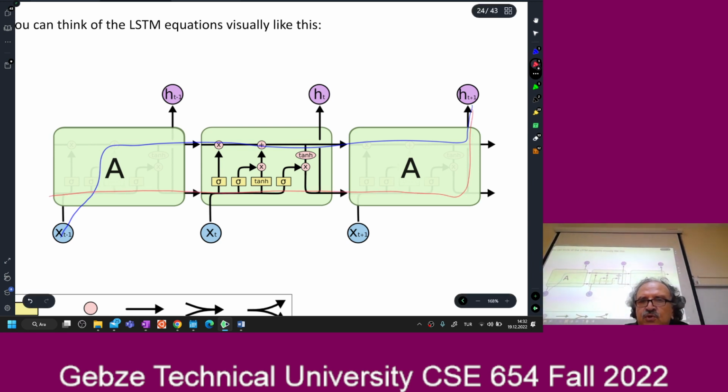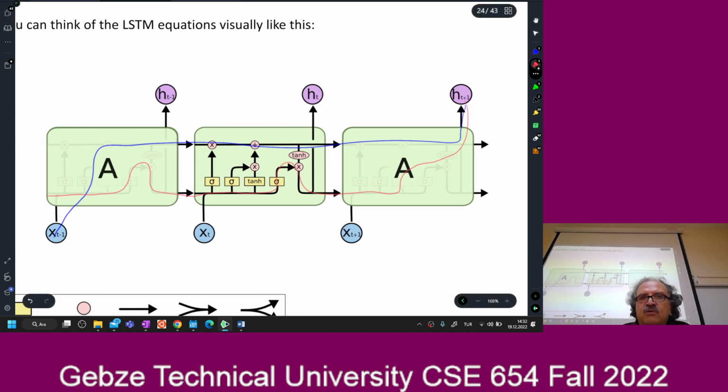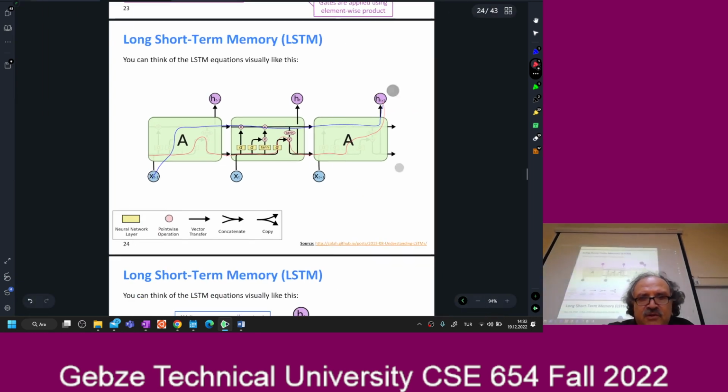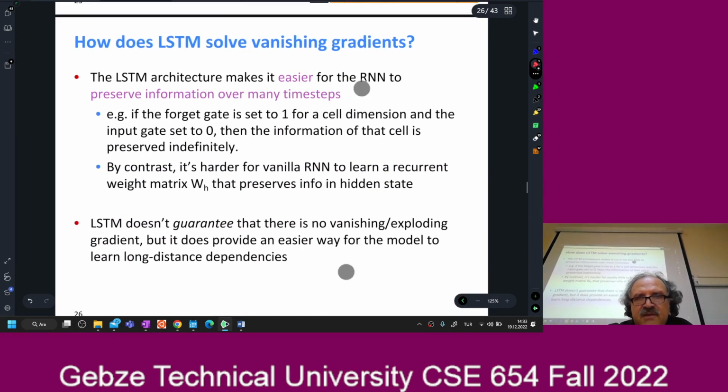This one goes through like this, and like this, and like this. So it goes through many gates if you are following the red line, but there is a shorter line, and your gradient will get affected from the shorter, more direct blue line. Okay? So that's what LSTM is all about.